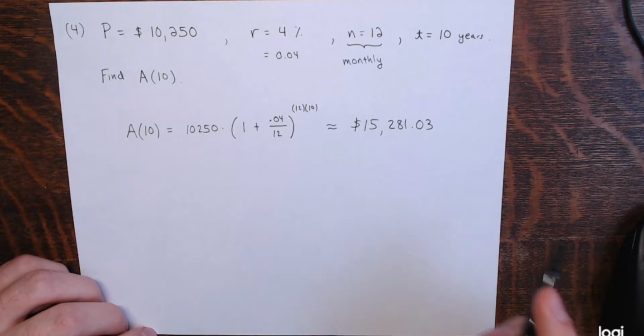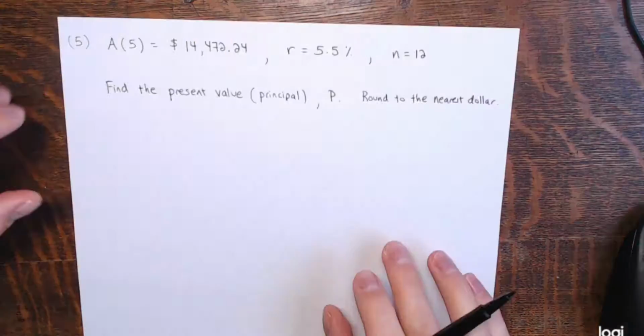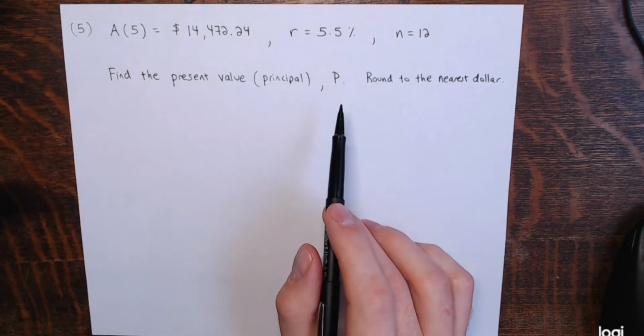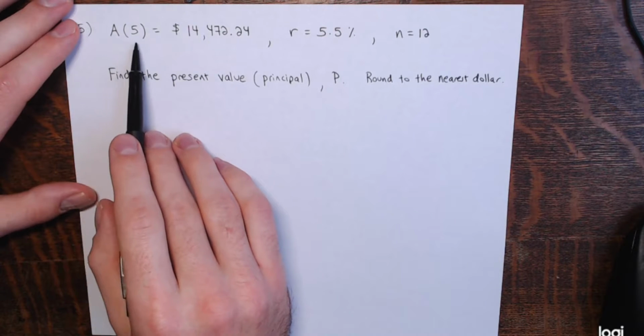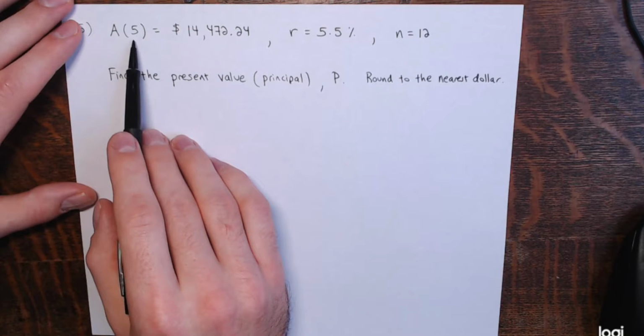Great. Let's go again. Example 5, sorry. All right, so this is similar to my example 3 from the video, where I know the final amount. I know the amount the account is worth after 5 years.